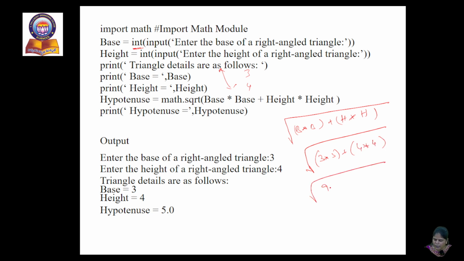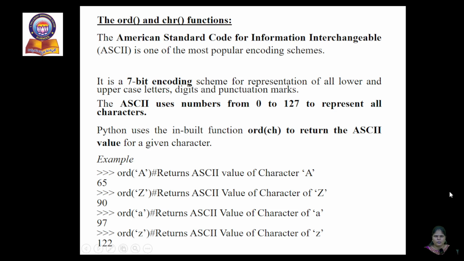Square root of 9 plus 16, square root of 25, that is 5. So the output will be 5. Where is it being stored? Hypotenuse. So in hypotenuse it will store the value as 5. So now when you print hypotenuse, it will print 5.0 as output.